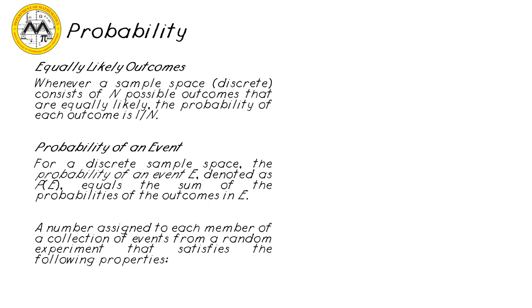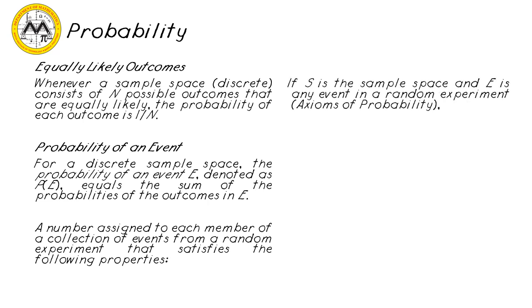The probability is an assignment of a number to each member of a collection of events from the random experiment that satisfies the following properties. If S is a sample space and E is any event in the random experiment, the probability of the sample space should be 1. If you consider all the events in the sample space, the total probability, the summation of the probabilities, should be 1.